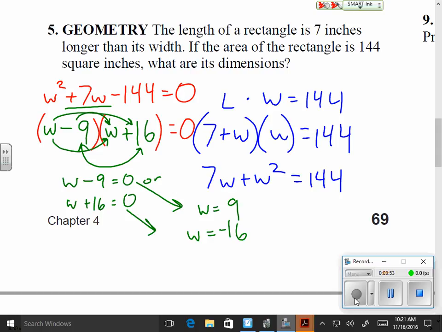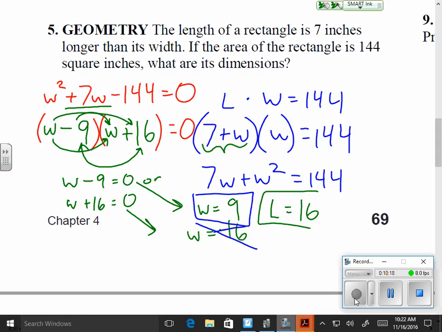Well, it's not possible for the width to be negative, so that is not a possible solution. So my width is 9. And so if my width is 9, and my length is 7 plus my width, then the length must be 7 plus 9 or 16.